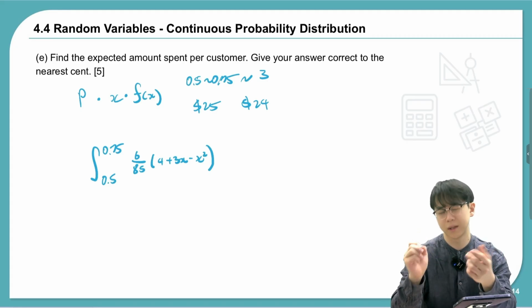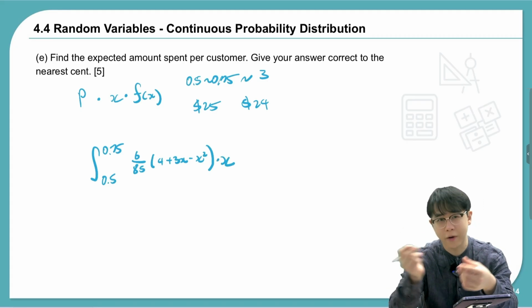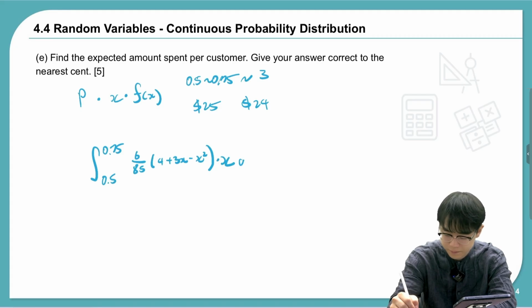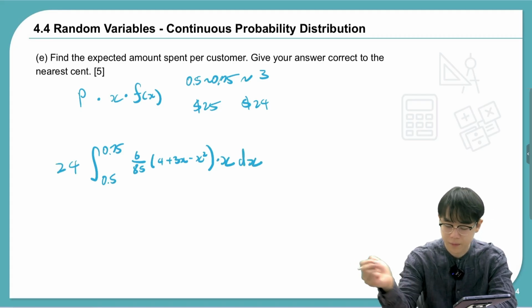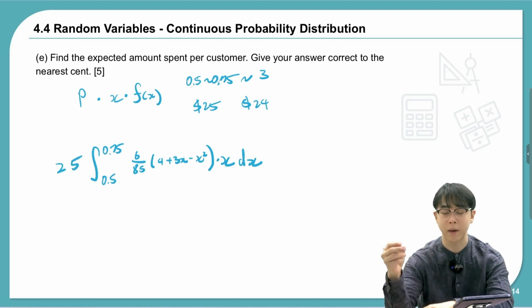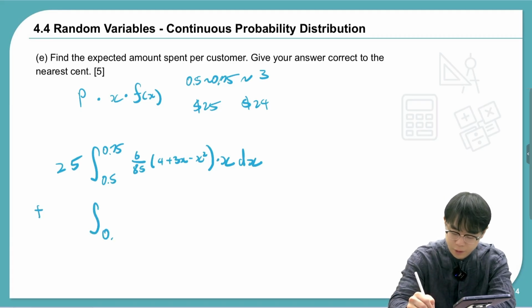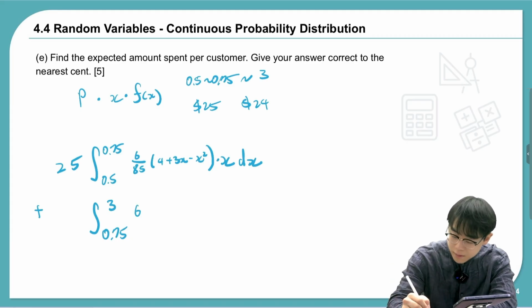So if you were to multiply another x here, that would give us the amount of chocolate the customer would buy, right? From 0.5 to 0.75. And we would just multiply 25 here, because that's the price per kilogram of chocolate. But then if the customer exceeds 0.75 and goes all the way to 3, then we have a new price, which is 24.